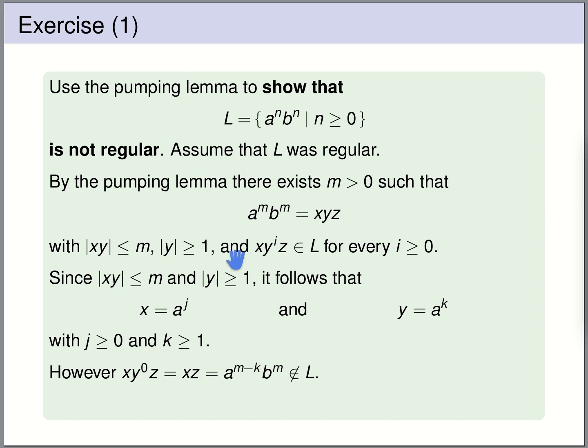The contradiction is that we have assumed that our language was regular. If this language was regular, then this word would have to be in L, guaranteed by the pumping lemma. So we may conclude that our language is not regular.